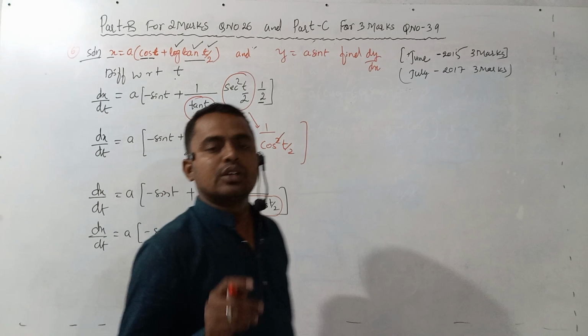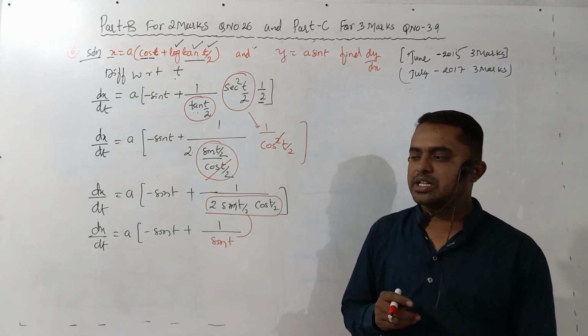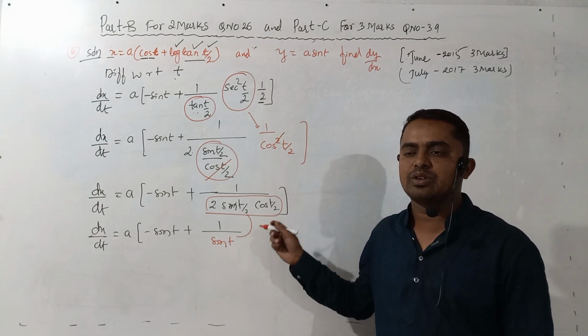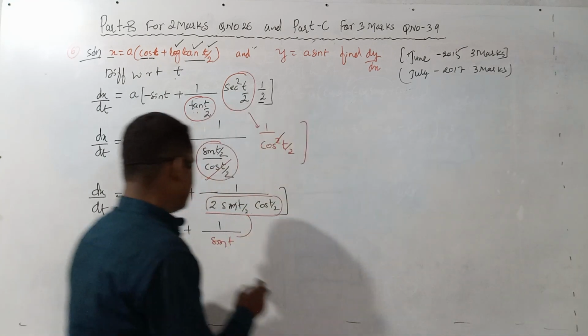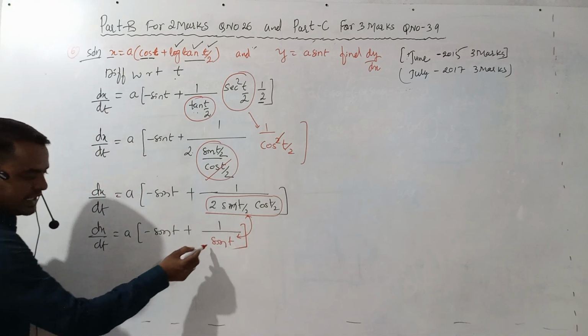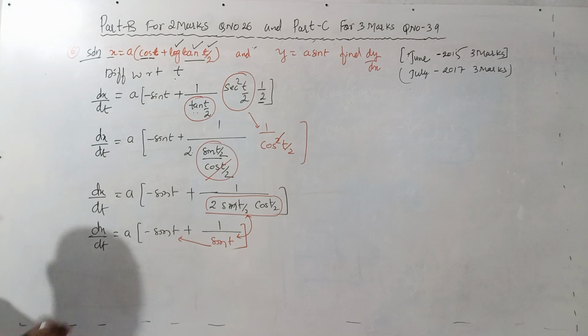Sin theta means 2 sin theta by 2 cos theta by 2. Instead of theta, here we have t. So 2 sin t by 2 cos t by 2 can be written as sin t. Now sin into sin, take LCM and cross multiply. Sin into sin is sin square t.